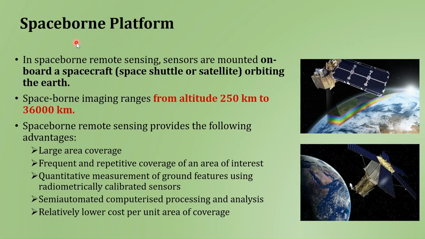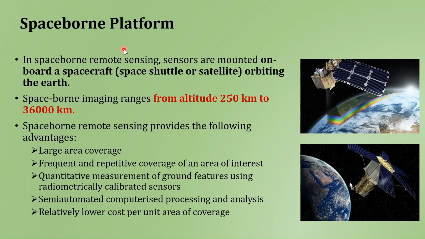And last is the spaceborne platform, where the sensors are mounted on the spacecraft, which include space shuttle or satellite, which are orbiting around the Earth. The acquisition of data using spaceborne platforms may range from an altitude of 250 km to 36,000 km.